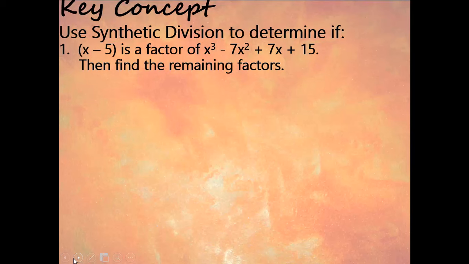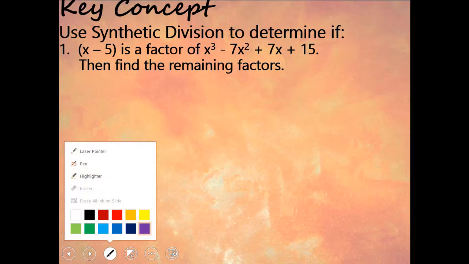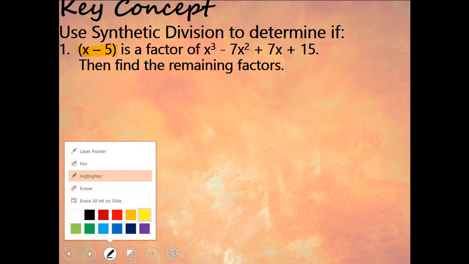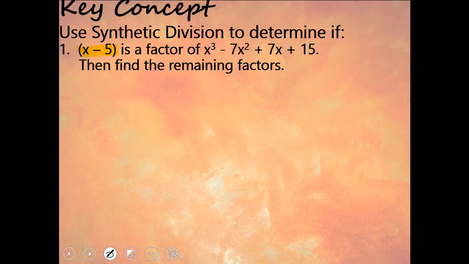Remember that when we're given a factor, we're going to take whatever the divisor is. Let me highlight that divisor real quick for you. This is the divisor, and we're going to take that divisor and place the opposite of that number outside the box.